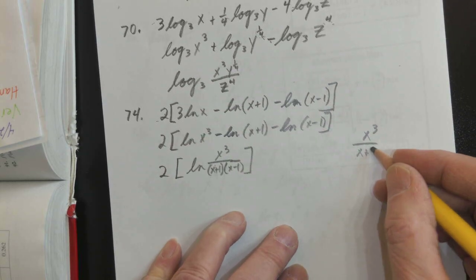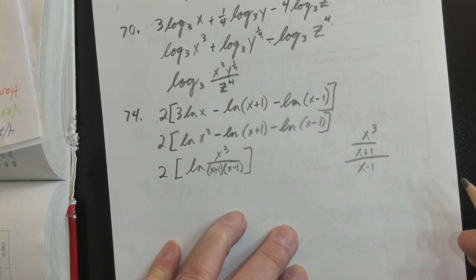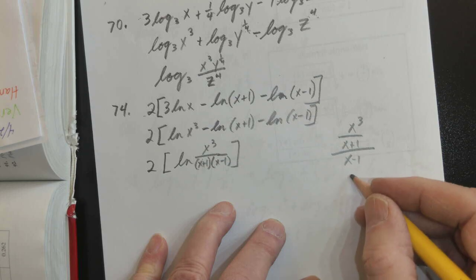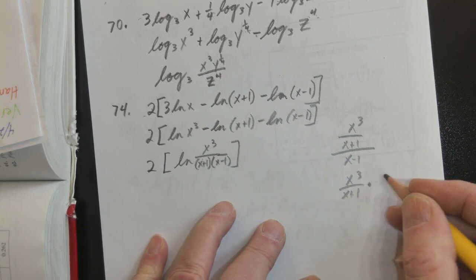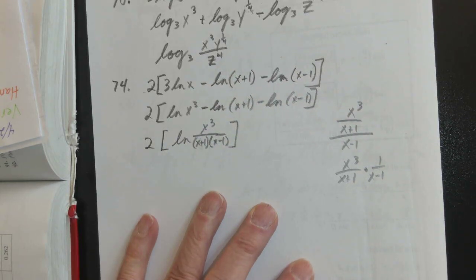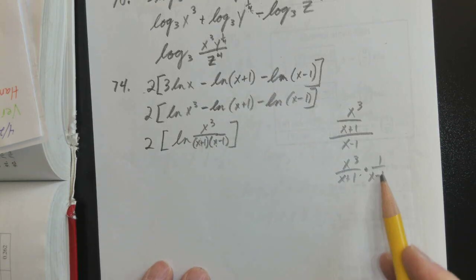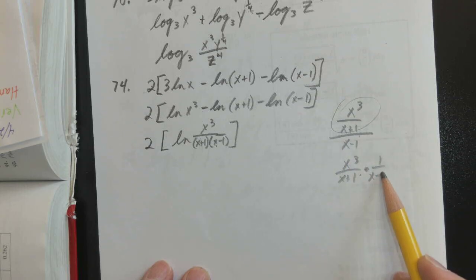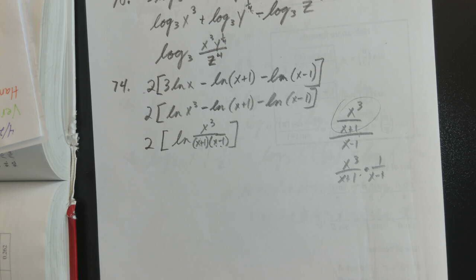Good question. So you want to divide this by x minus 1, yeah, right? Right, right. So if I keep, change, and flip, I'm going to have this. If I keep, change, and flip, we're good, right? Yeah. Okay. It's a good question.